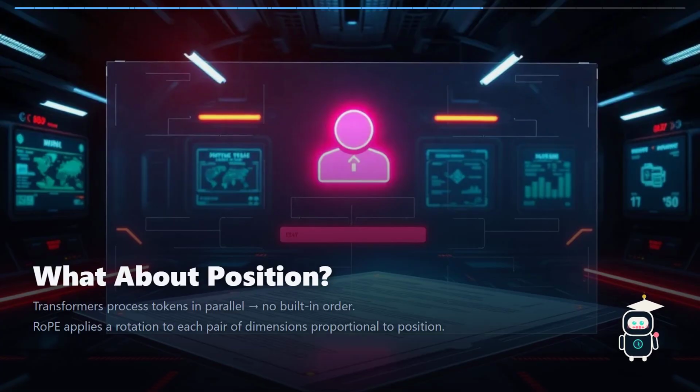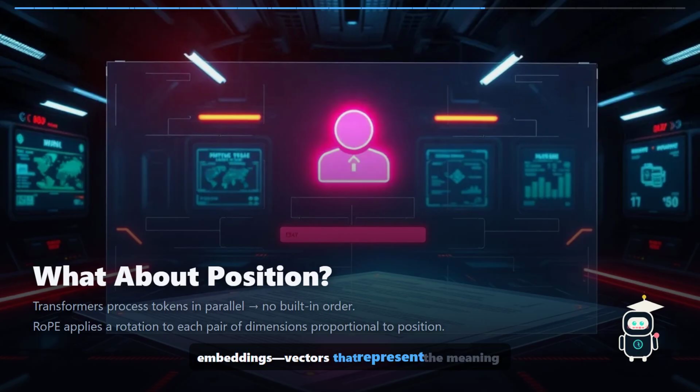The embeddings we've discussed so far are semantic embeddings, vectors that represent the meaning of documents, tickets, or search queries. Large language models also use another type called positional embeddings, but they serve a completely different purpose.